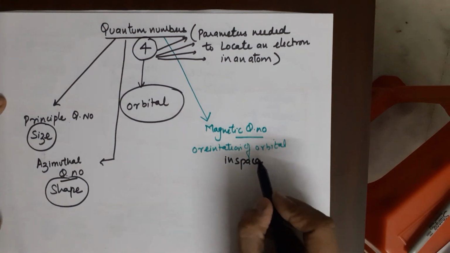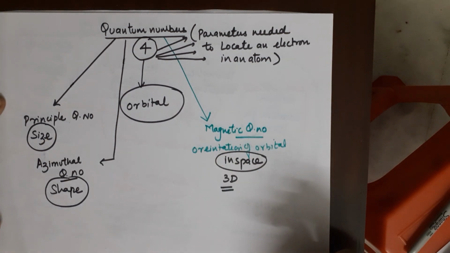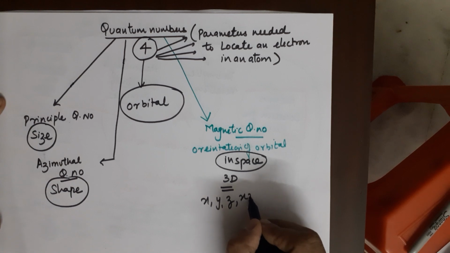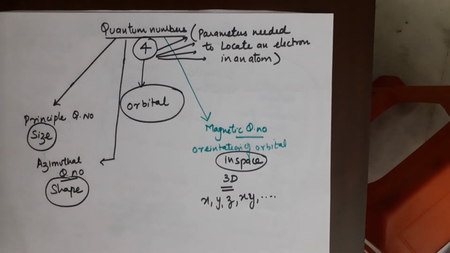Why orientation of orbital in space? The reason is that orbitals are 3-dimensional in shape. So you need to know whether it is in the x-axis, the y-axis, the z-axis, or is it in xy both, and so on and so forth. These are the possible options of orientation in space.